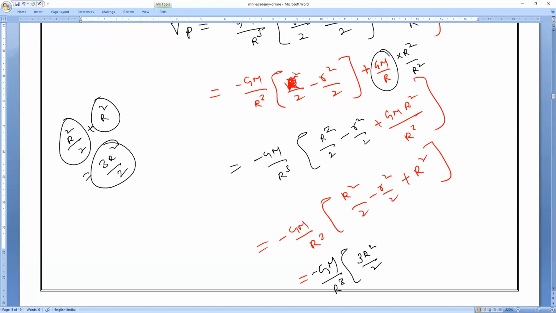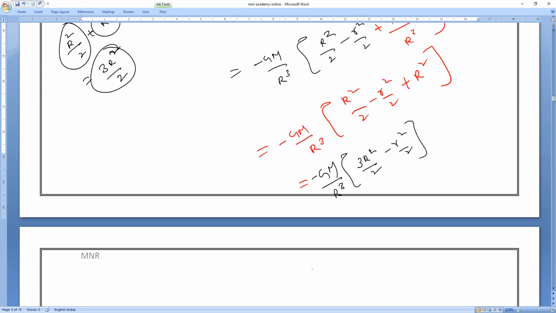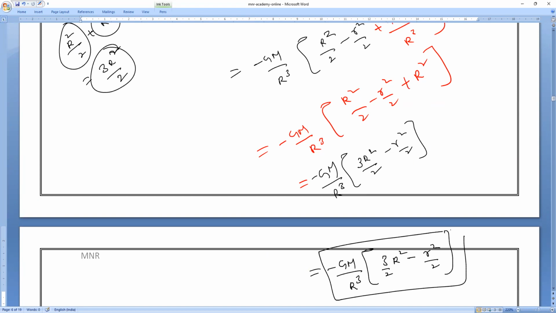Will you all agree with me? Please respond. Minus R square by 2. That's all it is. So now I will write this one as the formula inside, minus Gm divided by R cube, which I will write separately, 3 by 2 R square minus R square by 2. So this is the formula of V. V inside a what? Everybody?